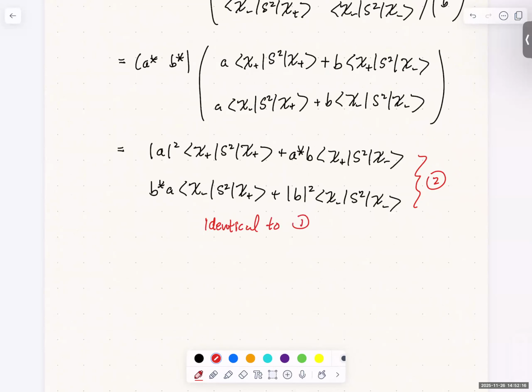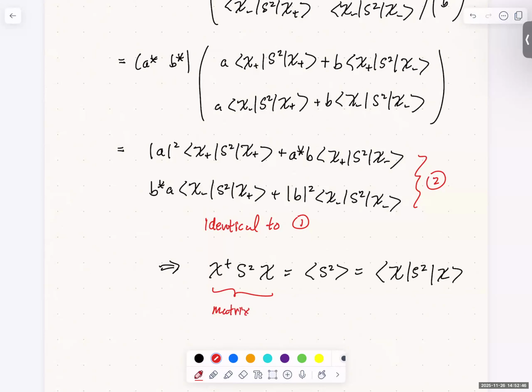And so that suggests that our matrix multiplication is equal to the expectation value, which is equivalent to our standard way of calculating the expectation value. So this is the matrix representation.